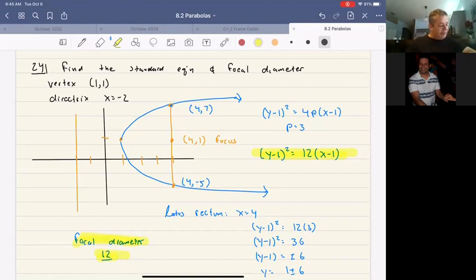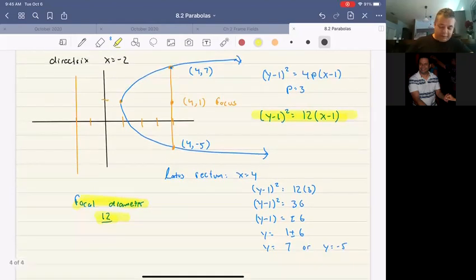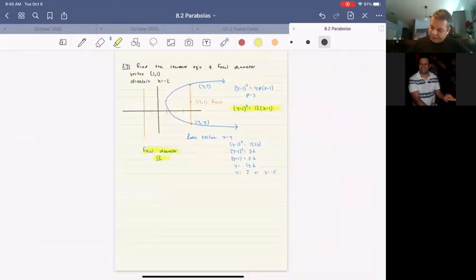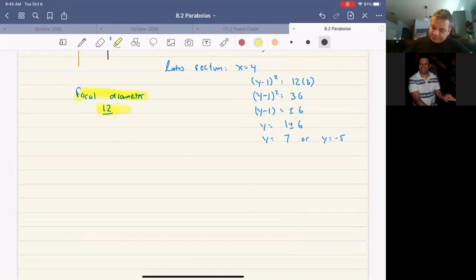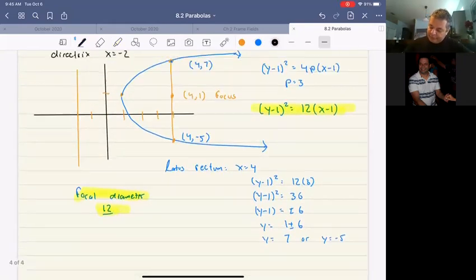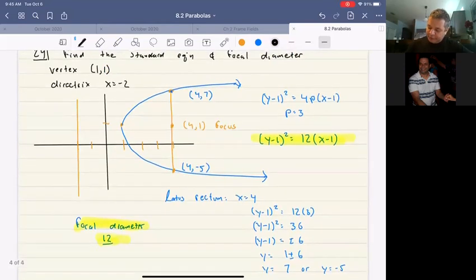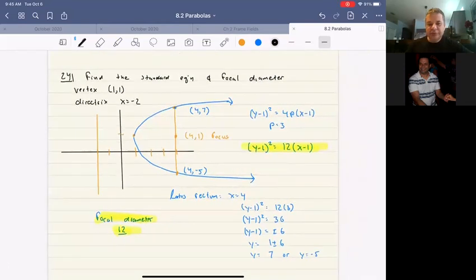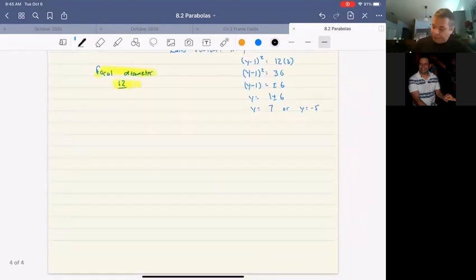Okay, see what the next problem brings for us. Find the vertex, focus, and directrix, and graph. So this is number 34. Let me give you a look at this whole problem. All right, on to the next.